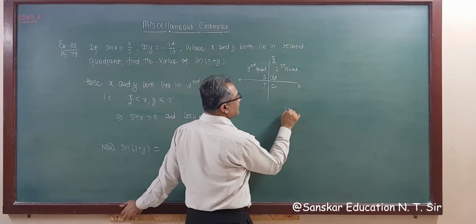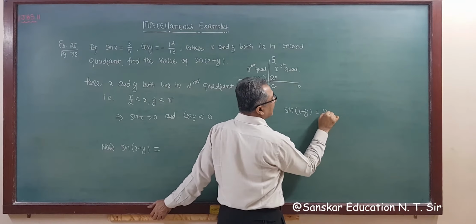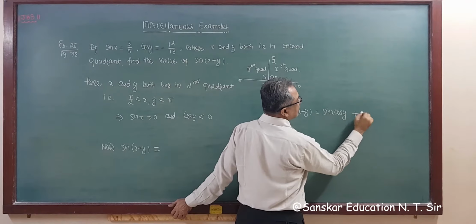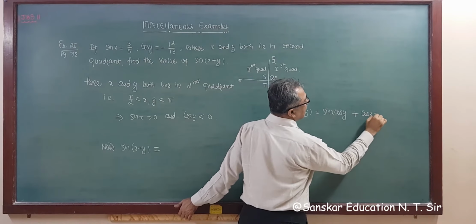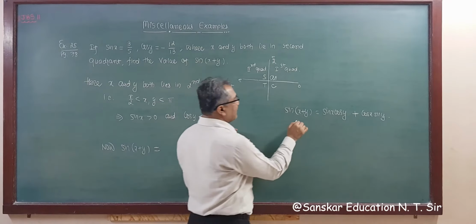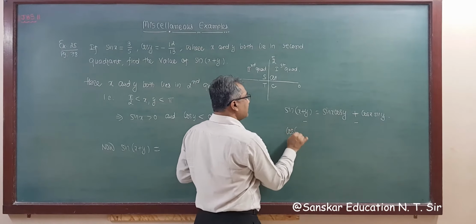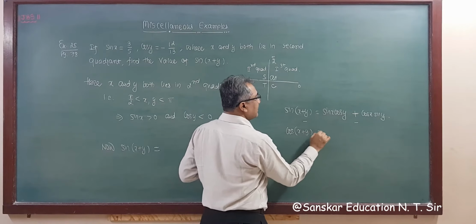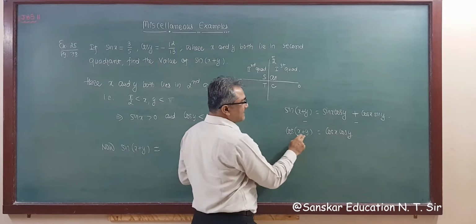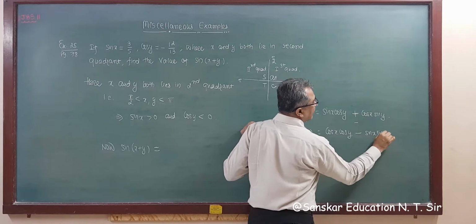Sin of x plus y is equal to sin x cos y plus cos x sin y, and if this is minus, then this is minus. And for cos, cos of x plus y is equal to cos x cos y minus sin x sin y.